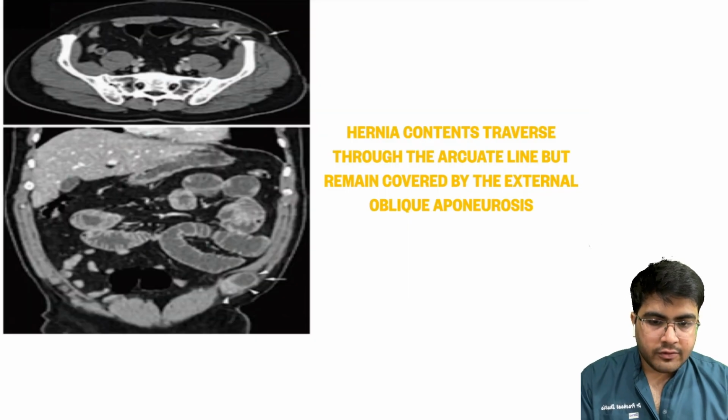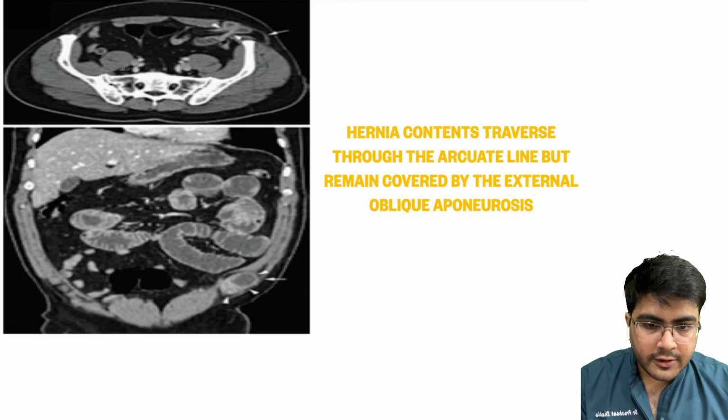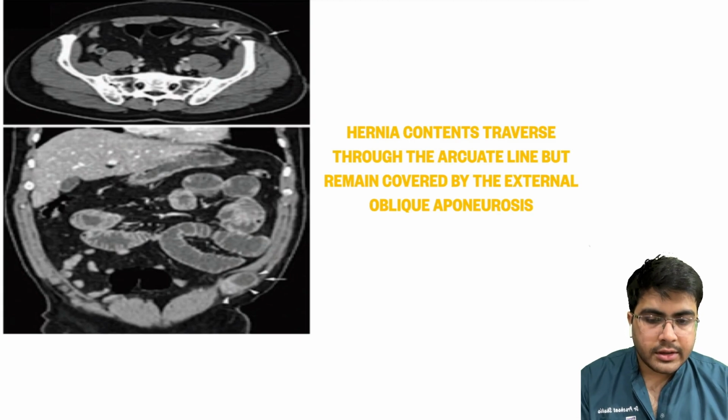Again, for the hernia, they only ask this image, that is the Spigelian hernia. So in the first axial section, you can see there is a protrusion of the intestinal loop shown by the arrowhead, and the arrow shows that it is covered by the external oblique aponeurosis.